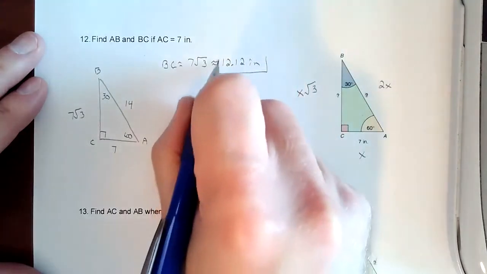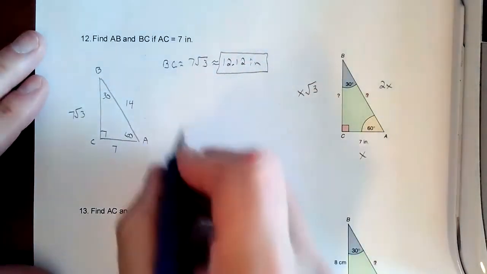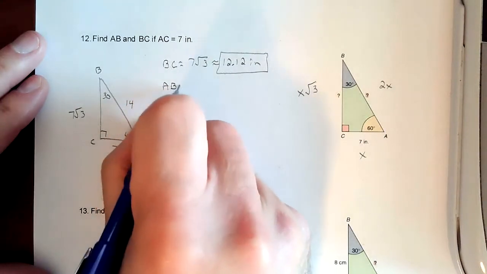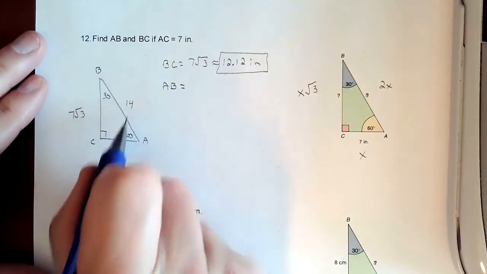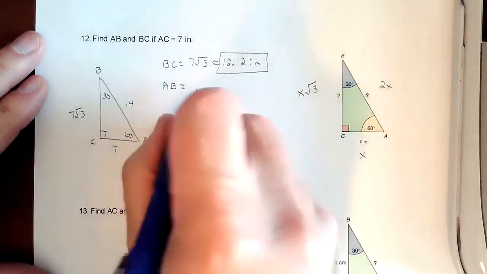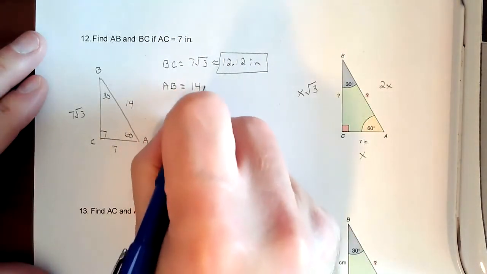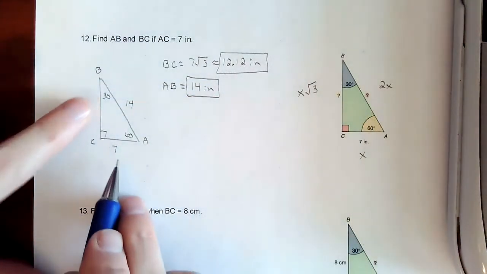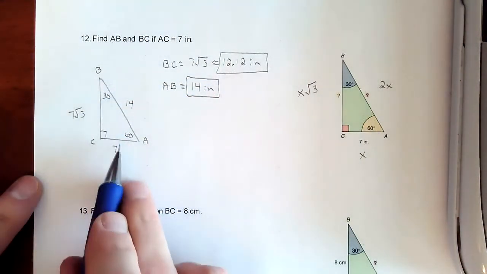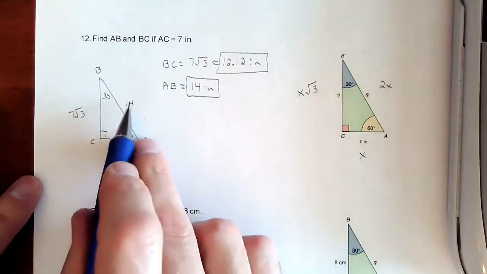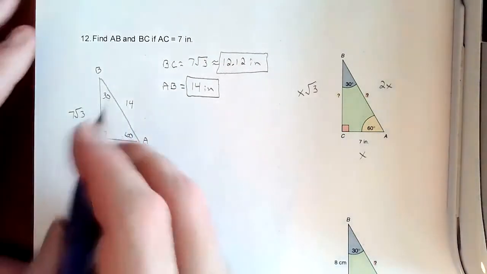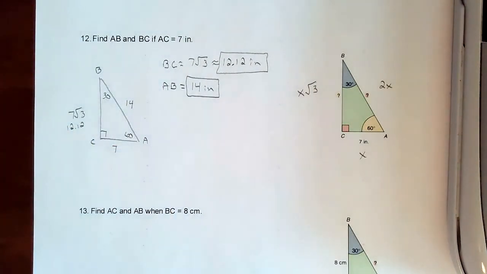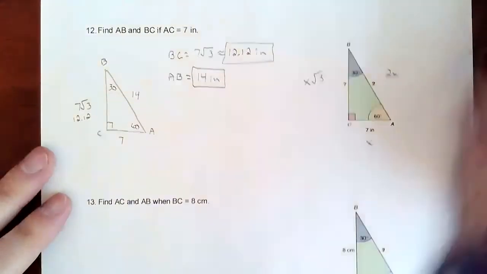So there is our side across from the 60, and our hypotenuse is AB, which should be the biggest side, and it is twice whatever the shortest side is. So that puts this at 14 inches. So the smallest angle has the shortest side, the biggest angle has the biggest side, and this 12.12 should be the middle size. So all that lines up.